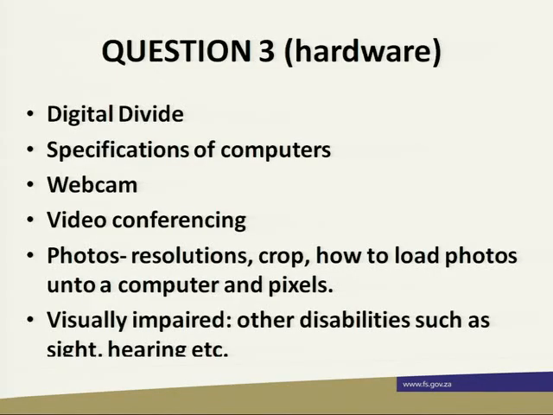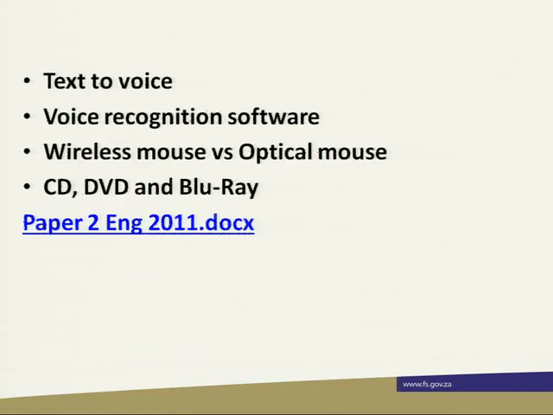Now, we check for digital divide, the specification of computers, webcam, video conferencing, photos, visually impaired or other disabilities such as sight, hearing, and text-to-voice, voice recognition software, wireless mouse versus optical mouse, CD, DVD, and Blu-rays. These are mostly the questions that are asked in question 3.